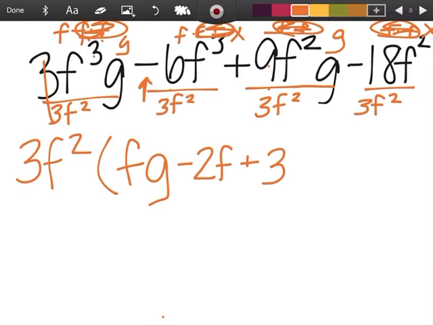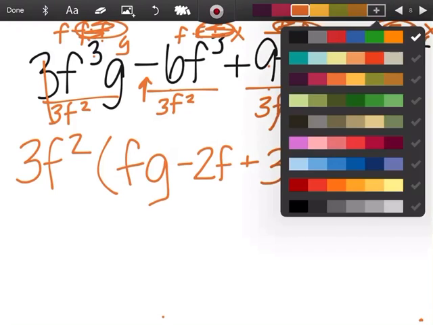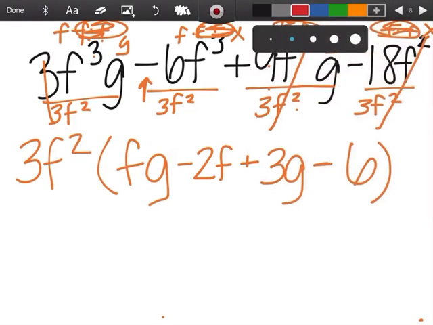In the third term, 9 divided by 3 is plus 3. The f squared and the f squared cancel out completely to be 1. I don't need to write times 1, but I'm going to leave my g. And in the last term, negative 18 divided by 3 is negative 6, and f squared over f squared cancels out completely. I'm just left with minus 6.